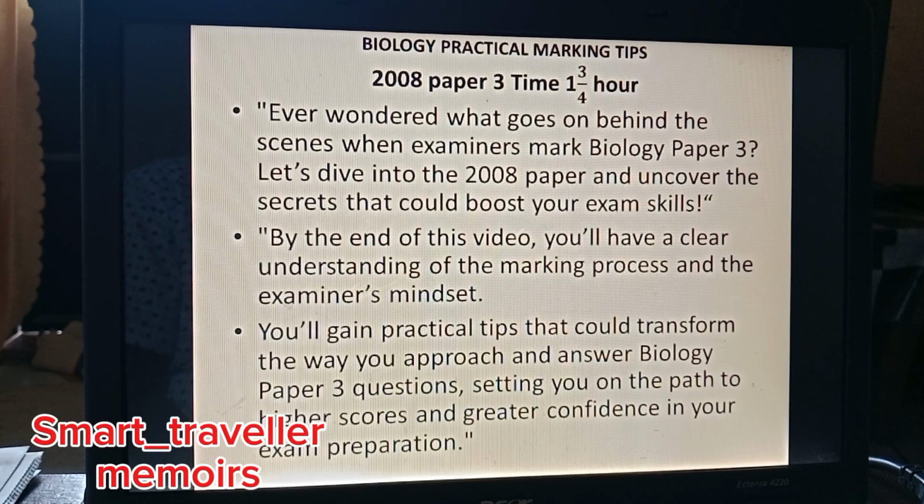Ever wondered what goes on behind the scenes when examiners mark Biology Paper 3? Let's dive into the 2008 paper and uncover the secrets that could boost your exam skills.